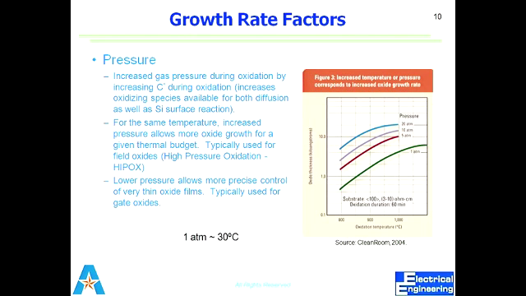Mostly in oxidation, the greater the growth rate, the worse the quality of the oxide. There may be exceptions, but generally speaking, like pressure or temperature or anything else, at high temperature the higher the rate, and the lower the rate, the better the quality.